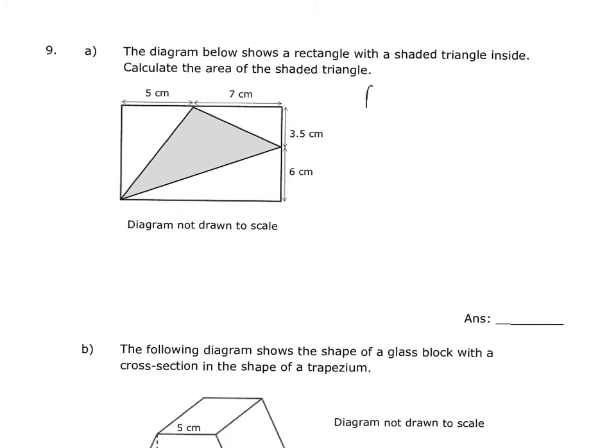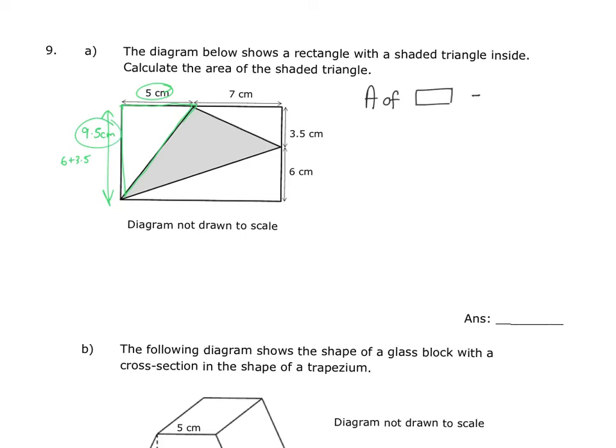We have to find the area of the whole rectangle minus this triangle. Okay, and that triangle base is 5 by perpendicular height. There is 6 plus 3.5. And 6 plus 3.5 is 9.5 centimeters.